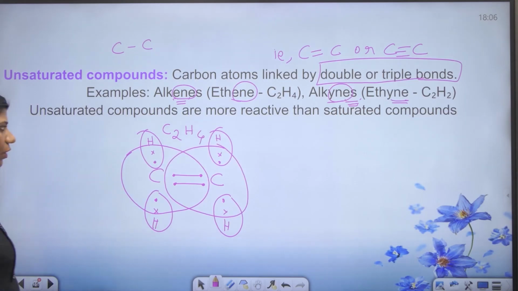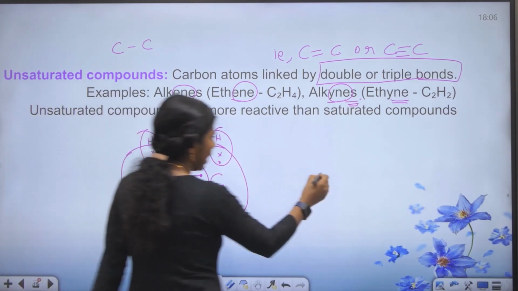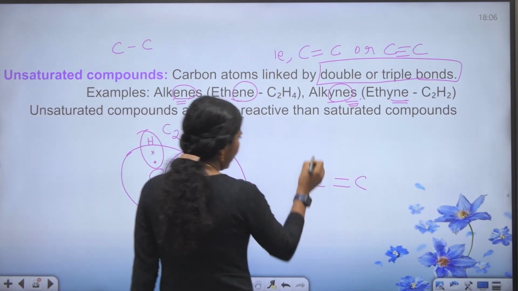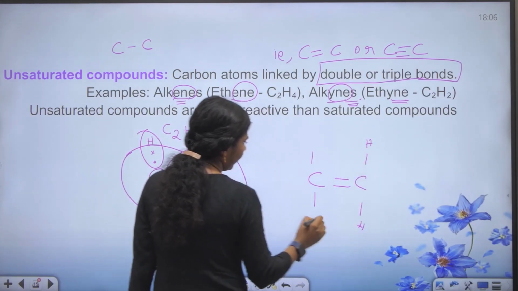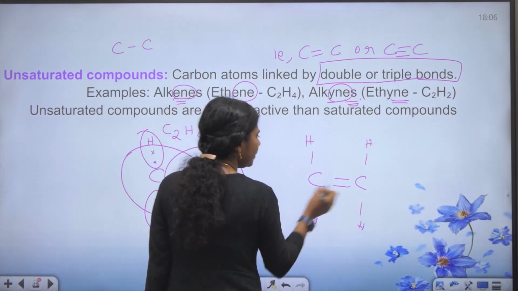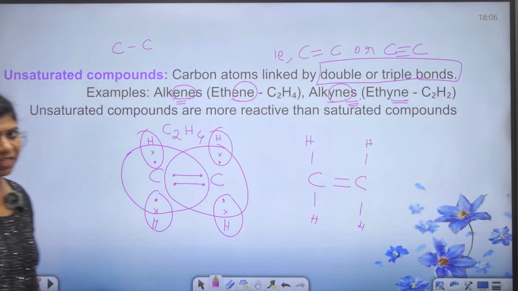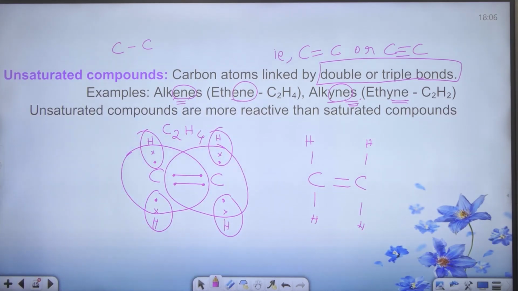This is the structure of C2H4. Carbon-carbon double bond and carbon-hydrogen single bonds. The bond between the two carbon atoms is a double bond. That means this compound is unsaturated.